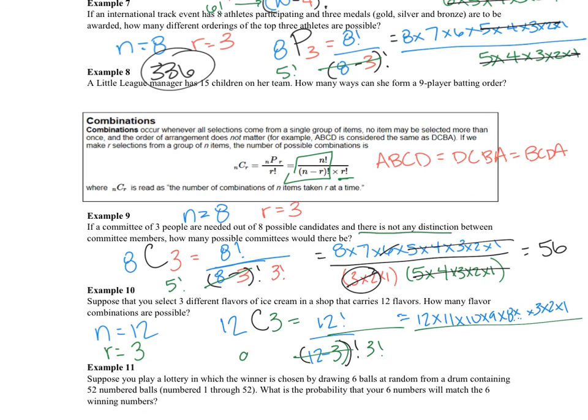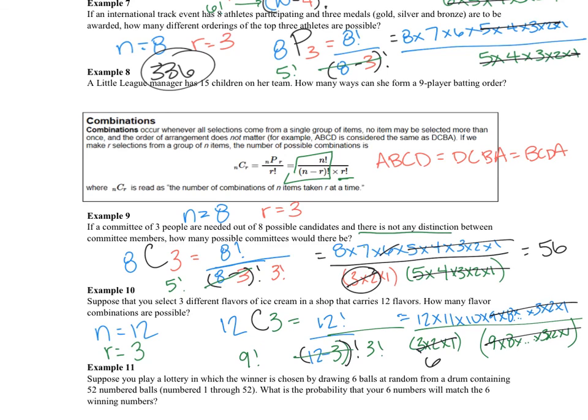Well, this is just 9 factorial. So look here, we're going to start at 9 times 8 times all the way down to times 3 times 2 times 1. So that's 9 factorial. And 3 factorial is 3 times 2 times 1. So look again, 9 factorial canceling. The bottom is 3 times 2 times 1, that's 6 at the bottom.